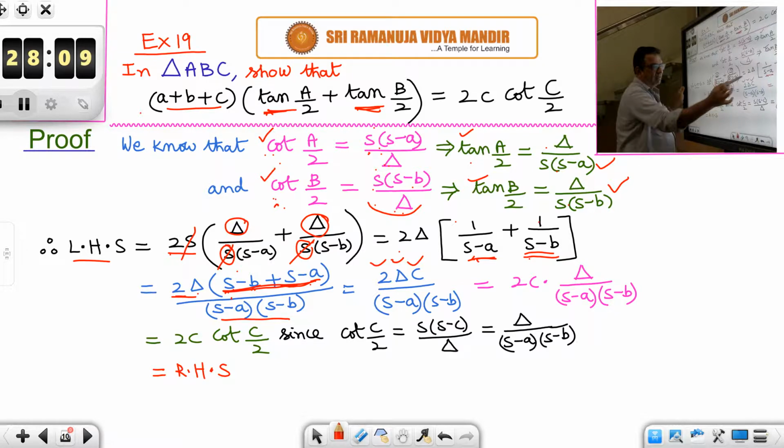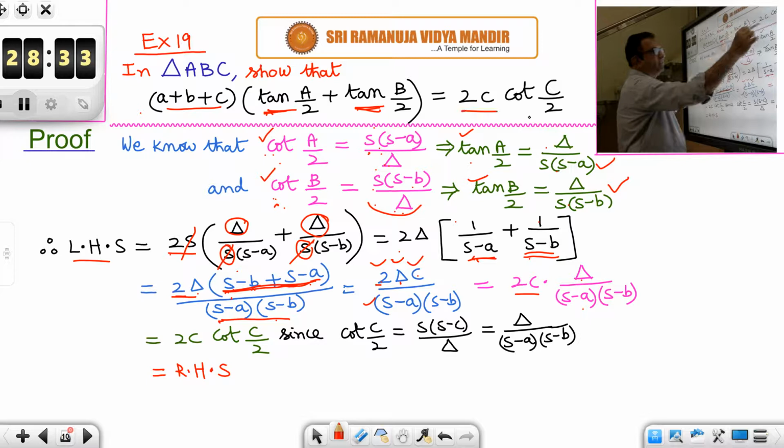Okay. Denominator, okay, no change. So I take 2C outside and the remaining factor is delta by S minus A into S minus B. Delta by S minus A into S minus B.